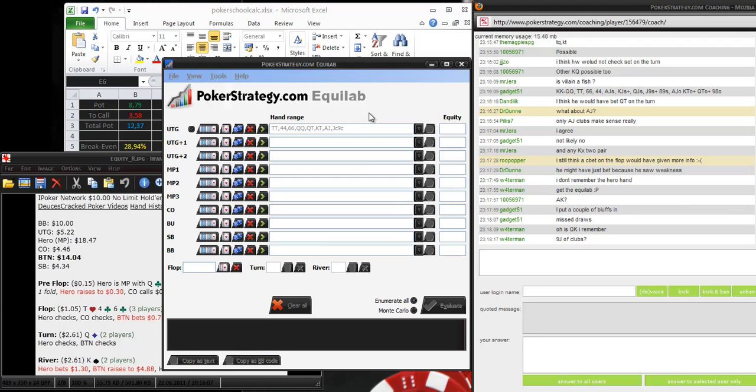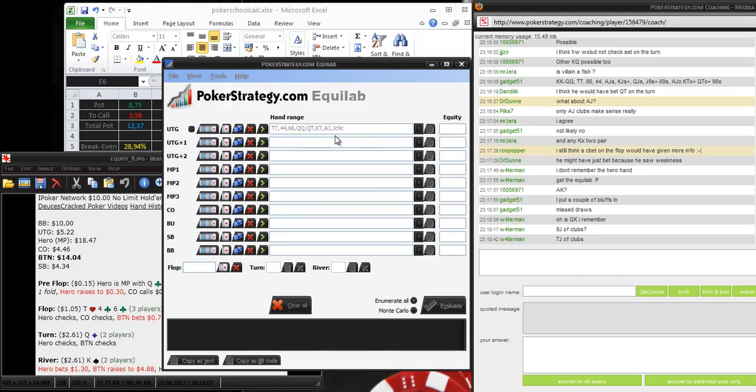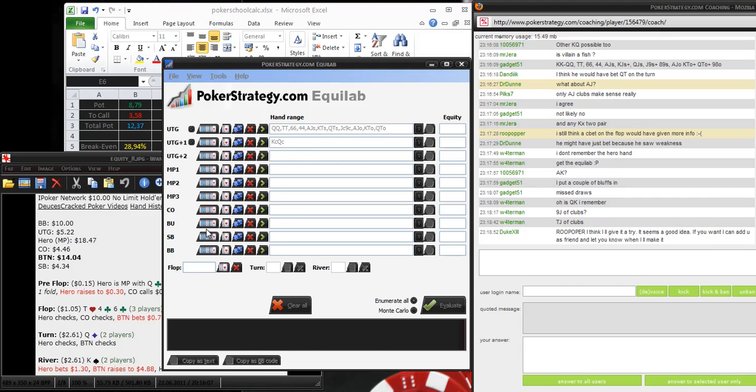And maybe even the opponent. Okay, let's exclude king queen just for the equities and see how we actually are doing. And we have king club, queen club.